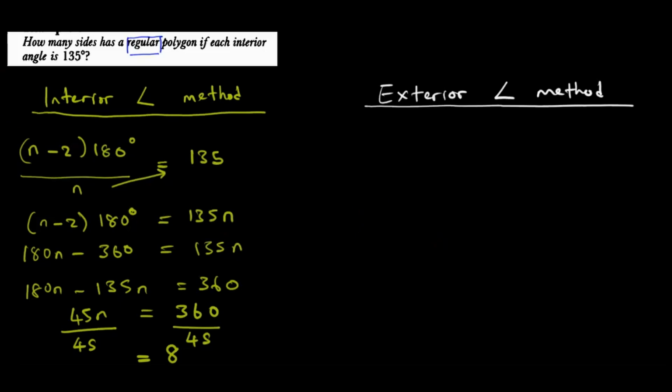Chekutanga, we imagine part of our shape. Saka ngodaiso. This is just part of it. Saka this will be our interior angle, ino iri exterior angle. Saka panapa taudziwa kuti we have an interior angle of 135 and it's a regular polygon. Saka toda kuwana this exterior angle.